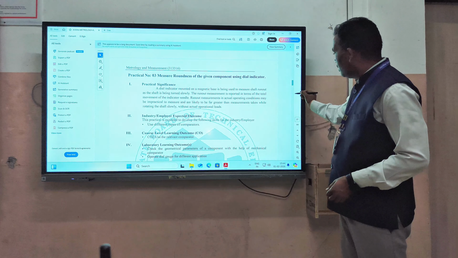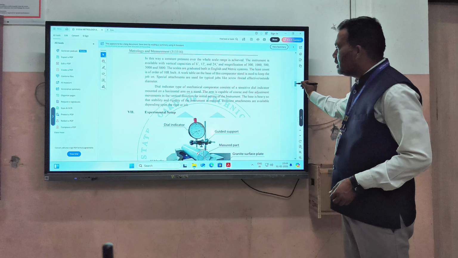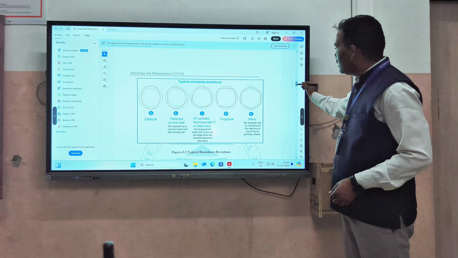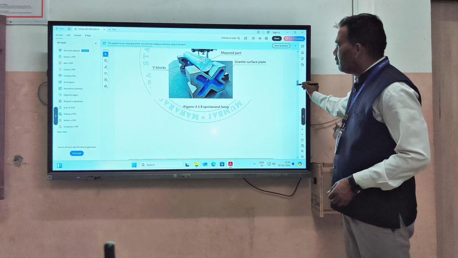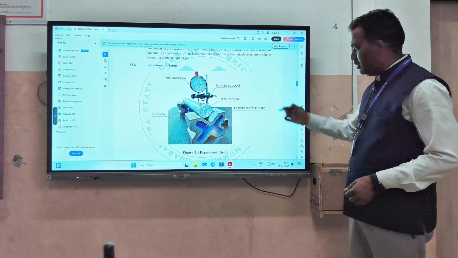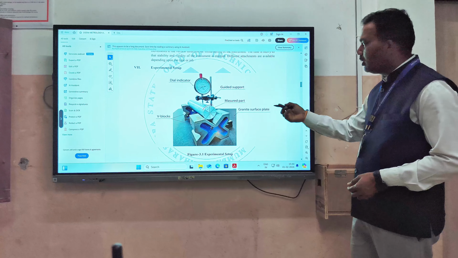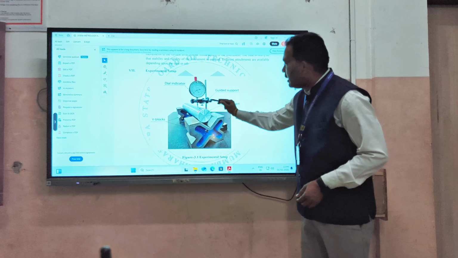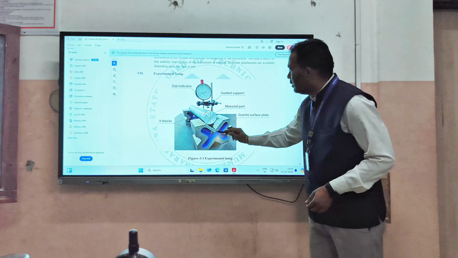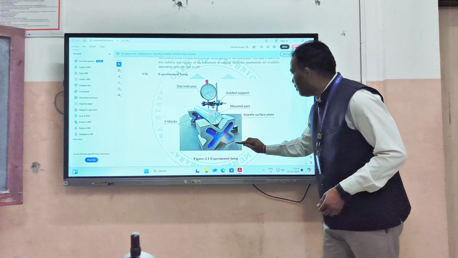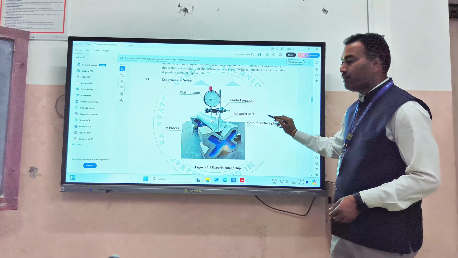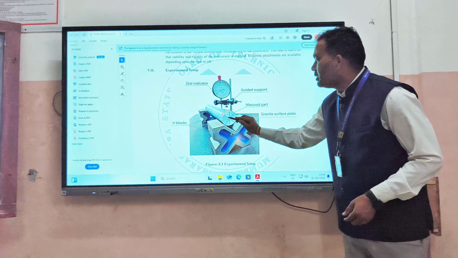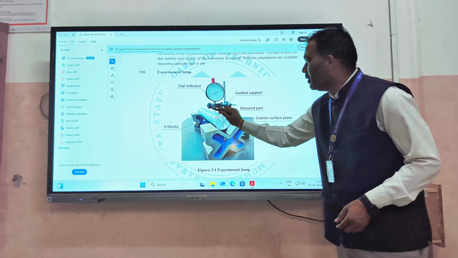So you can see here the experimental setup for this particular practical. This is a dial indicator. This is a guided support for the dial indicator. This is a V block which is mounted on the granite surface plate, and this is the major part, one aluminum rod.